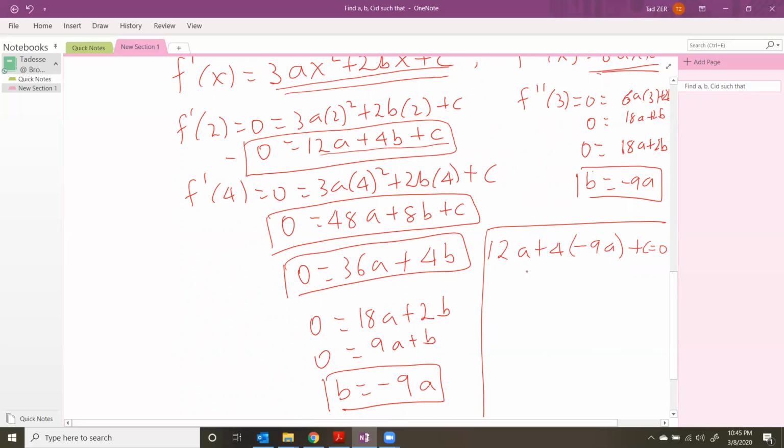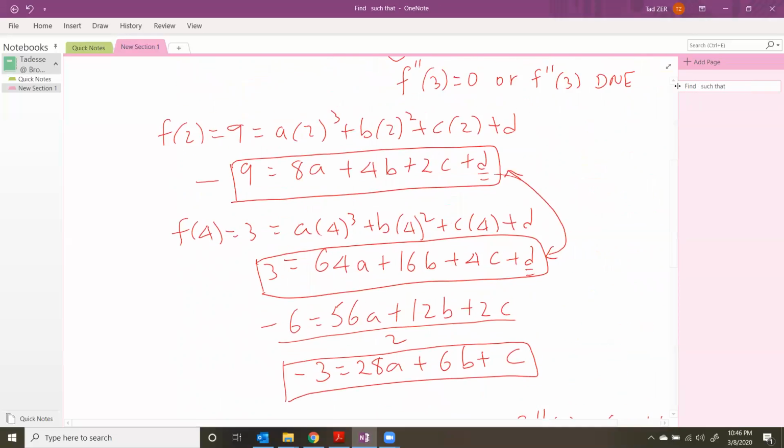So this means what? I have 12a minus 36a plus c equal to 0. So this is negative 24a plus c equals 0. So the value of c is 24a. So I have everything in terms of a. b is negative 9a, c is 24a.